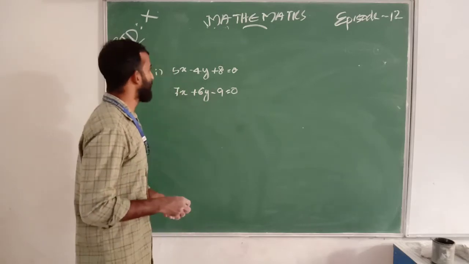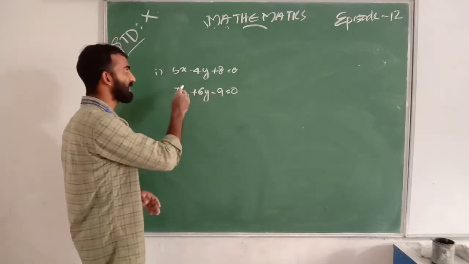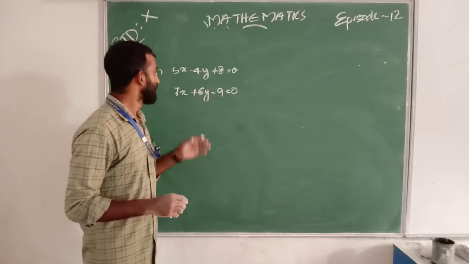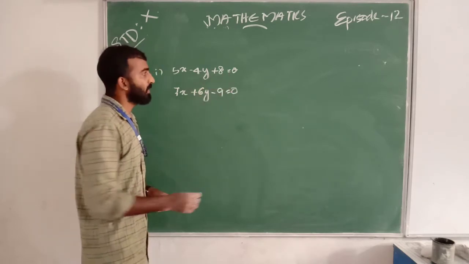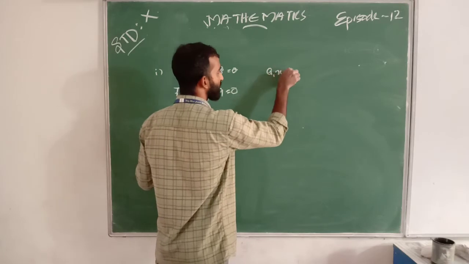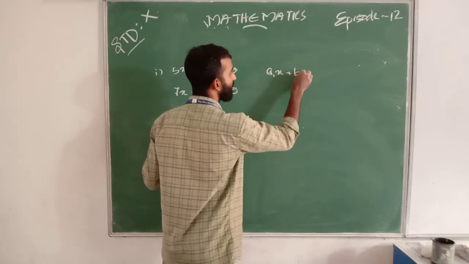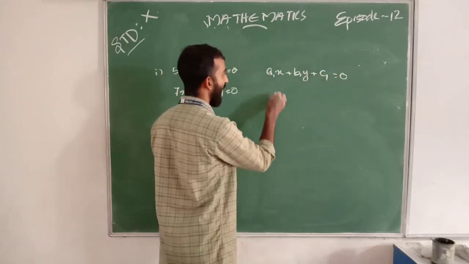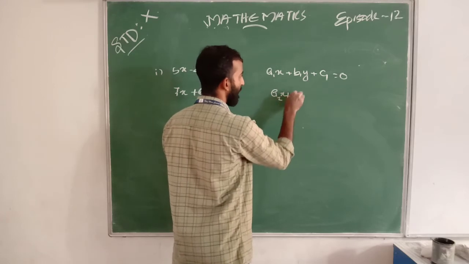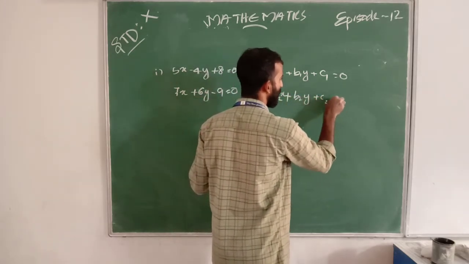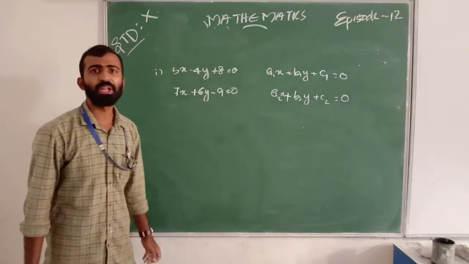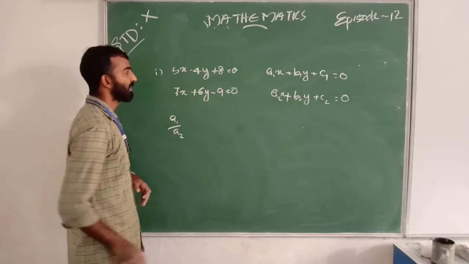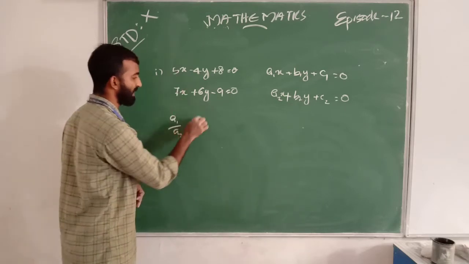This is a linear equation because it has 5x minus 4y plus 8 equal to 0. That is, it is in the form a1x plus b1y plus c1 equal to 0 and a2x plus b2y plus c2 equal to 0. Here a1 by a2 equals 5 by 7.